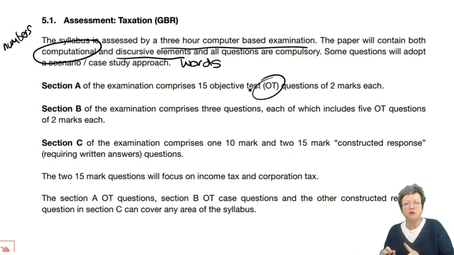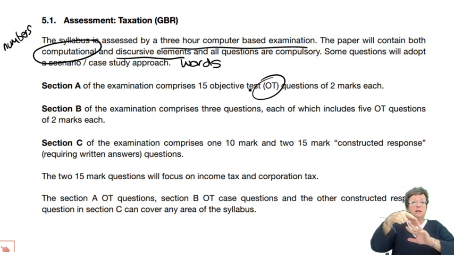Now, some of these are multiple choice, in other words, which ones do I choose? True, false, that sort of thing. Some of them you've got to do maths. You've got to do the maths and then write the answer in a little box, or type the answer in a little box. So there's 3 different situations, which means they could ask you 3 different taxes. It could be a VAT one, capital gains, and an income tax one.